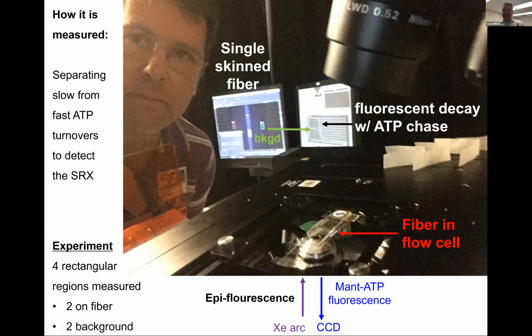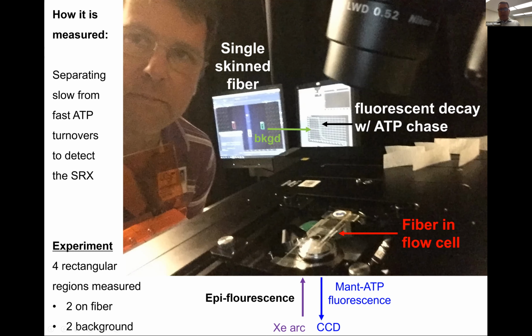You can see in this left screen here the fluorescent fiber with the fluorescent myosin in place, and wash that out with ATP, reducing the fluorescence. You can see the decay curve here. That gives you a time resolution so that after the first 20 seconds, you're able to resolve the superrelaxed state. So this is how that time resolution was achieved, to finally be able to measure the superrelaxed state.